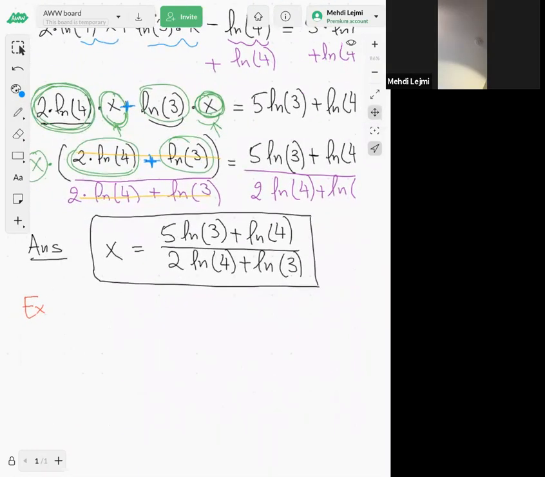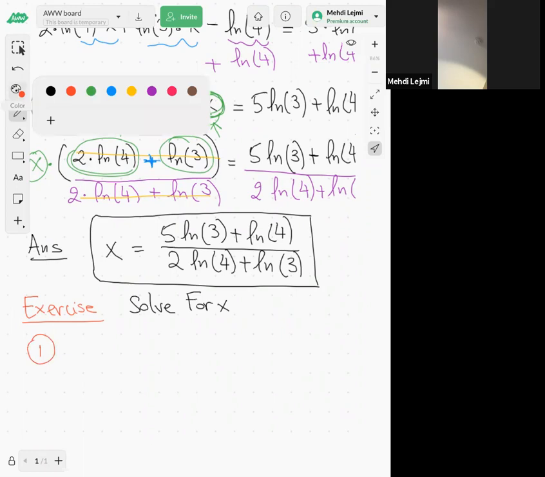So here's an exercise, guys. Please try to solve for x. First example, first question. We're going to have exponential functions with the same base.